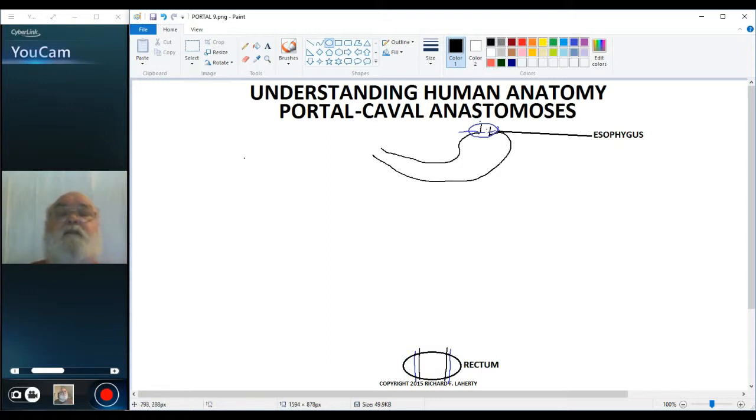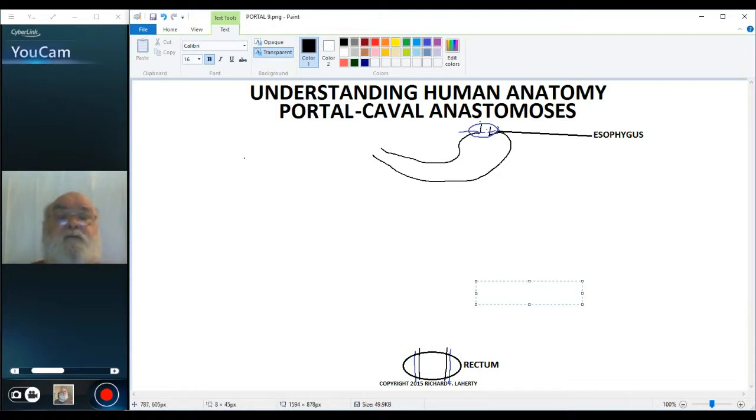So the rectum would be the second one. And of course, in the rectum, we have the hemorrhoidal vessels.